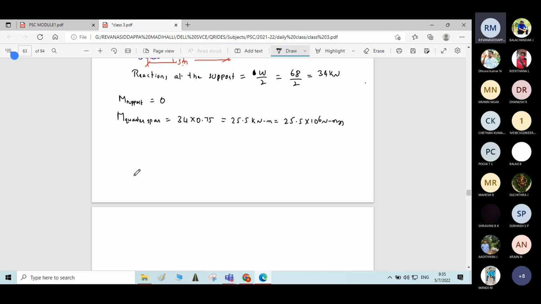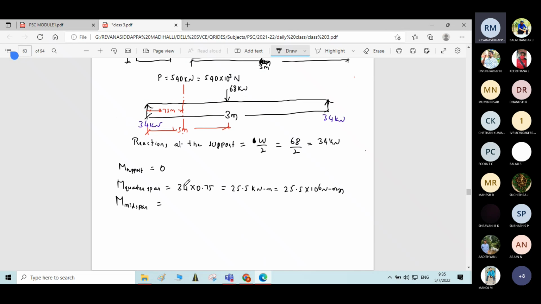Similarly, moment at midspan is equal to either the formula WL by 4, or using the reactions you can calculate 34 into 1.5 minus 68 into 0.